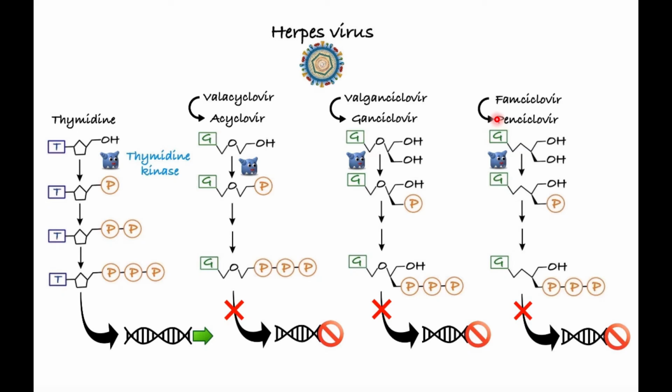And also there are prodrugs, acyclovir, ganciclovir, and famciclovir, that are converted to the corresponding drugs inside the body, and then they are recognized by the thymidine kinase and phosphorylated and used for the synthesis of nucleotides that are used further for building the viral DNA.